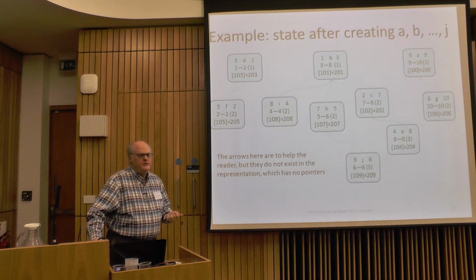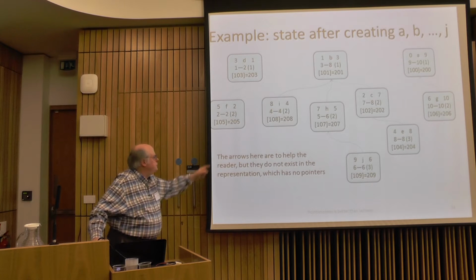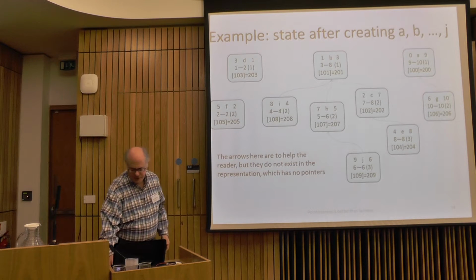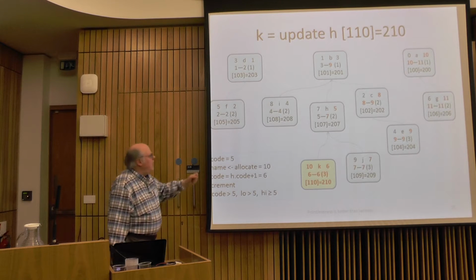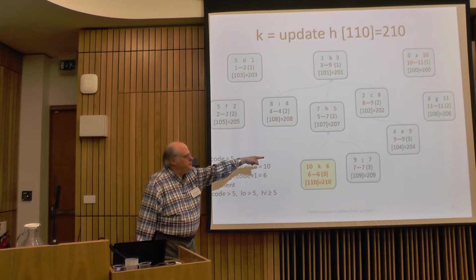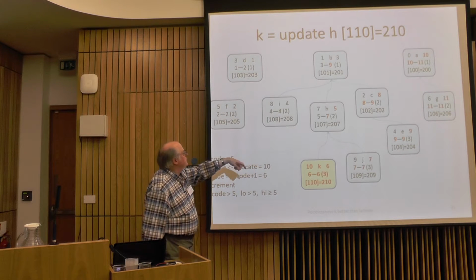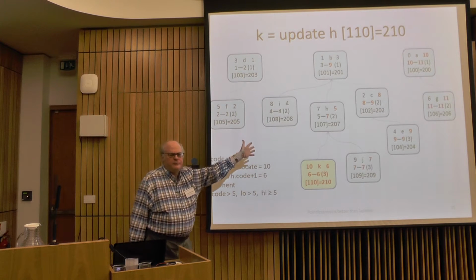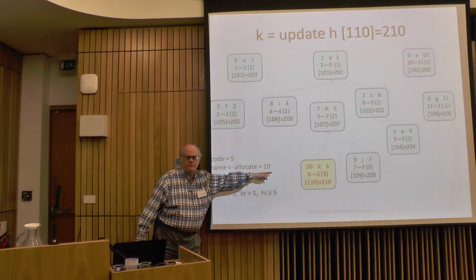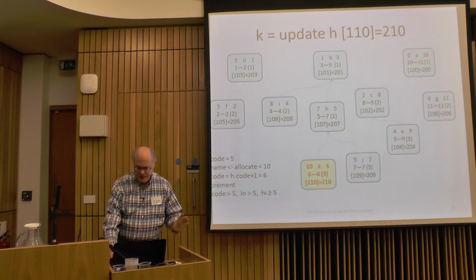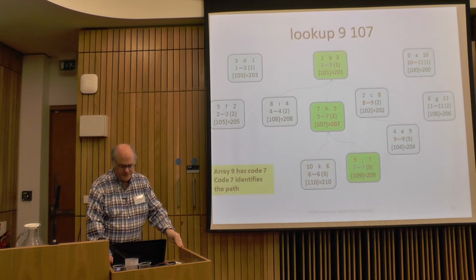But all the information that the implementation uses is just the values of all these numbers. And after performing an update, I've put into red the values of the fields that have changed. And you see that about half of them have changed and about half of them have not changed. And here's the new element that went in. And notice that there's no loss of sharing.